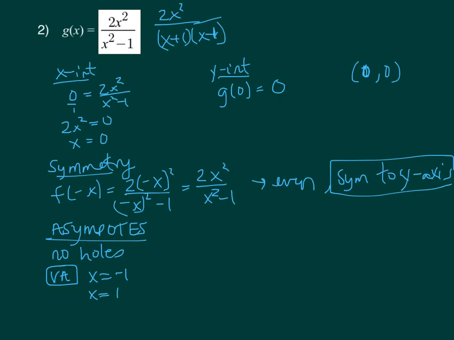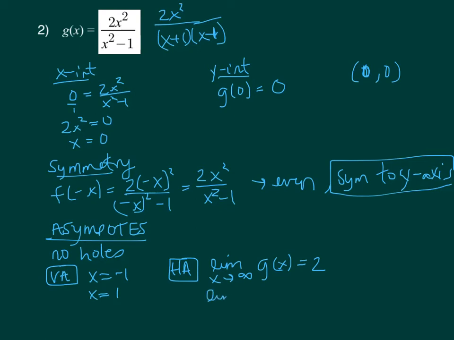All right, the next thing is our horizontal asymptotes. And our horizontal asymptotes are going to communicate to us about the end behavior, so the limit as x is approaching positive and negative infinity. We can see here that the limit as x approaches infinity of g of x, well, because x squared and x squared on top and bottom, we're just going to take the ratio of the coefficients, which would be 2.